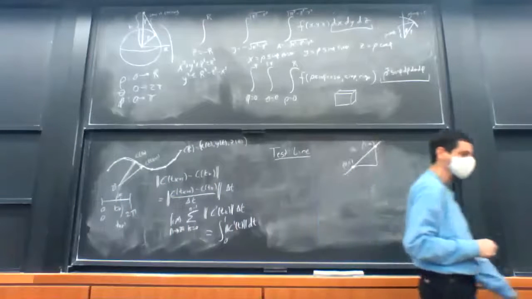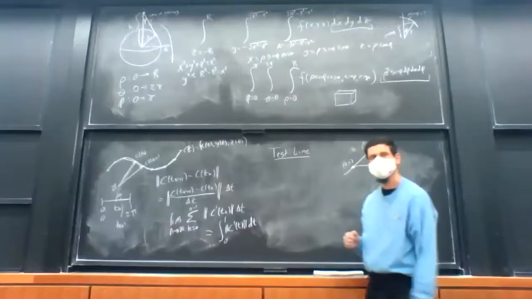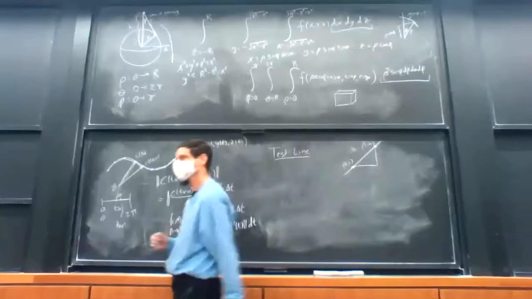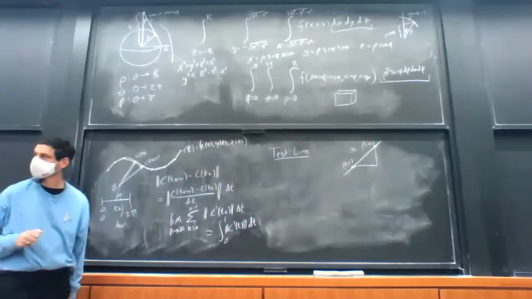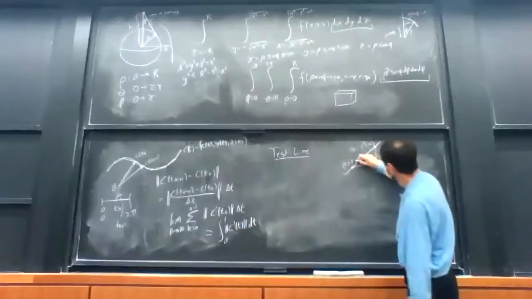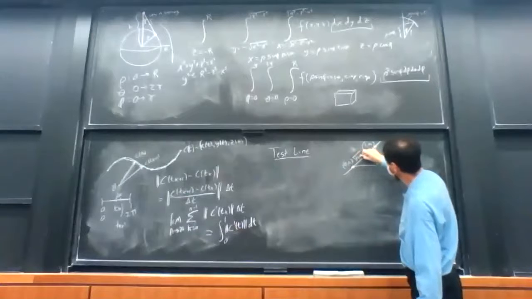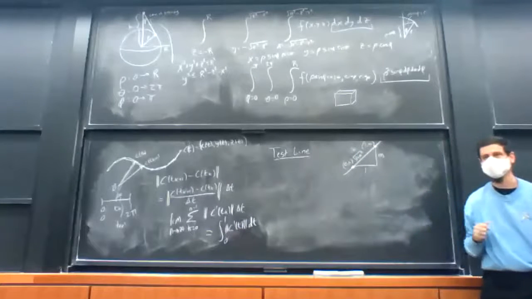Can anybody tell me what the length of that line is? What's the length of this line from 0, 0 to 1, m? Yeah, square root of 1 plus m squared, because this is 1, and that's m. I chose the right triangle.